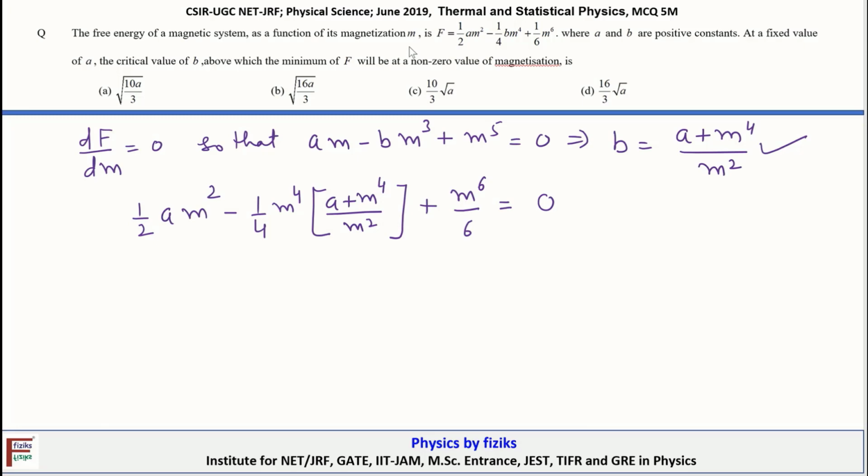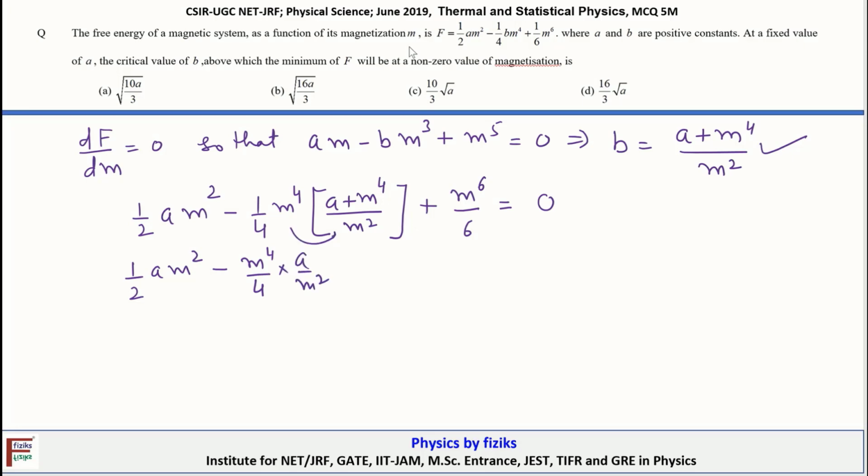Okay, and now we have to simply solve this expression, and for that we can expand the terms: 1 by 2 A M square minus M4 by 4 multiplied by A by M square.